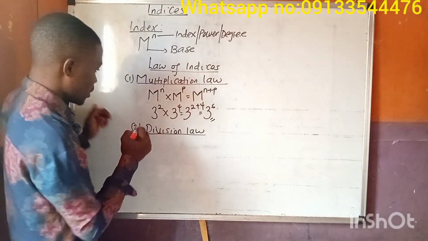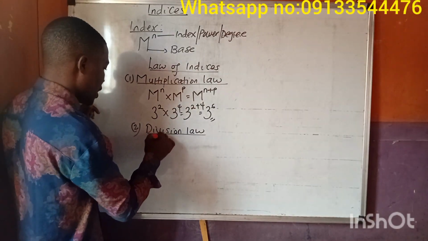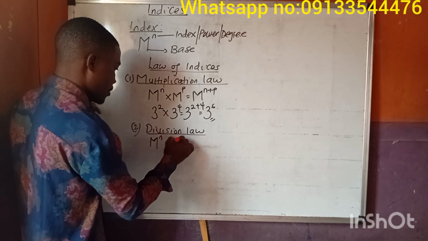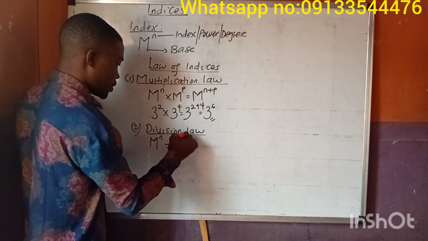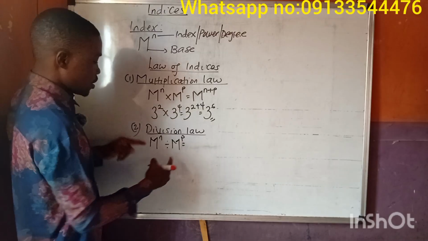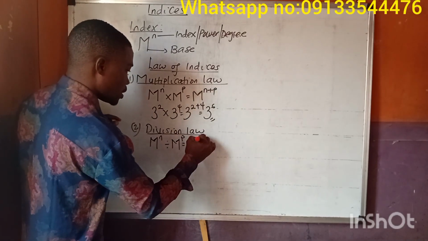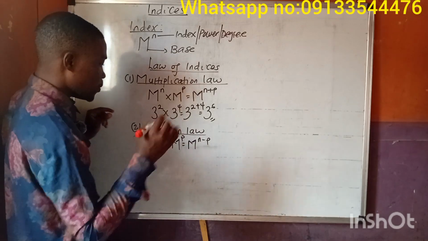Let's say you have m raised to power n divided by m raised to power p. The law says that since the base are the same thing, you only pick one, then you subtract the power, n minus p.